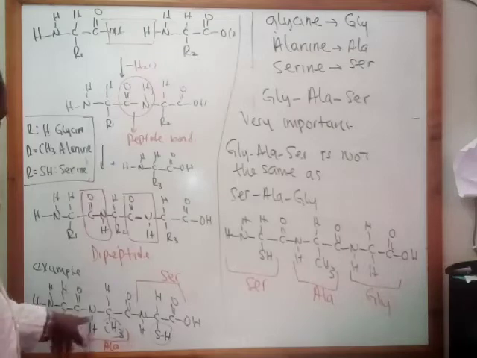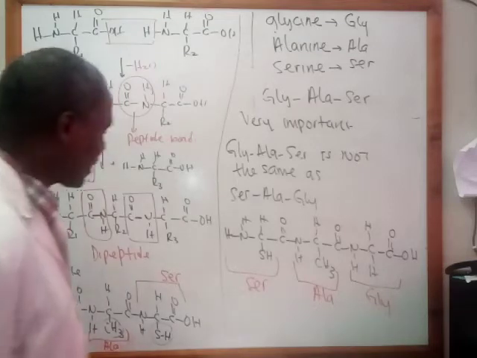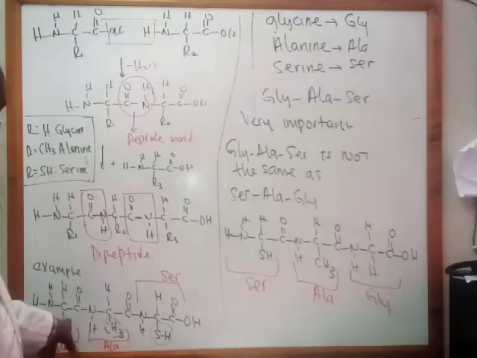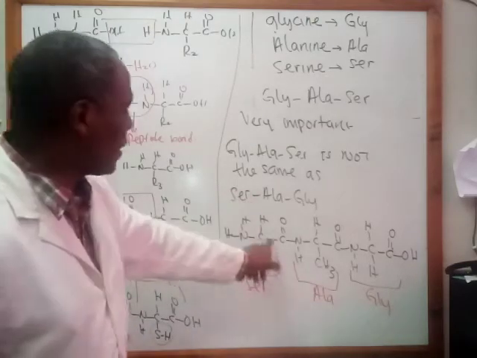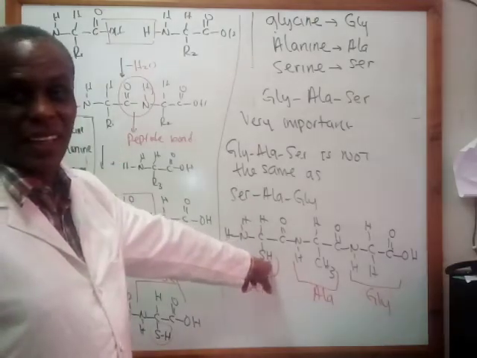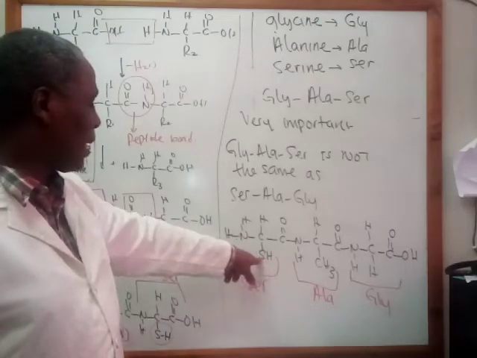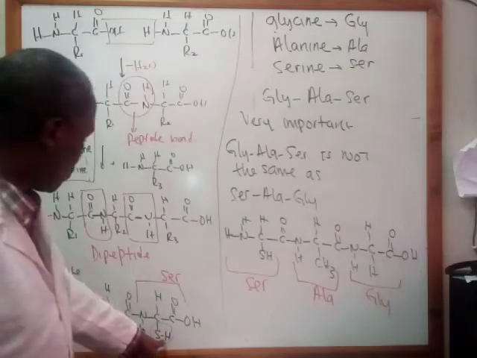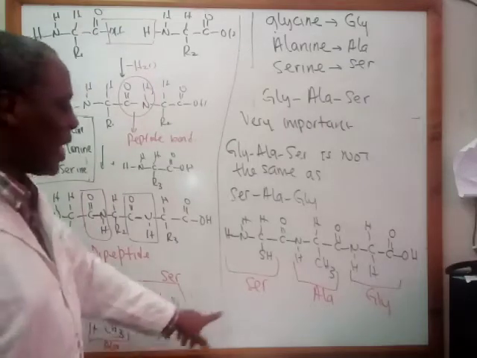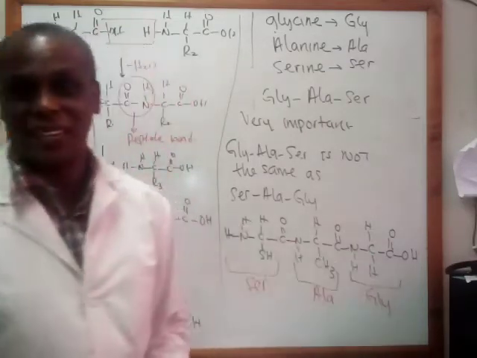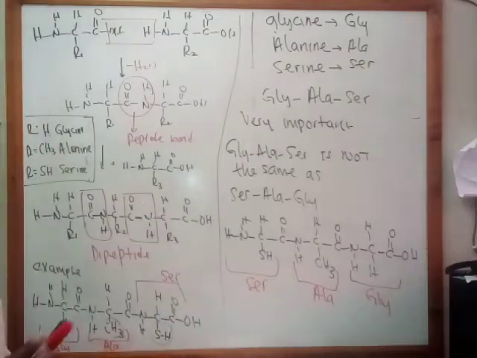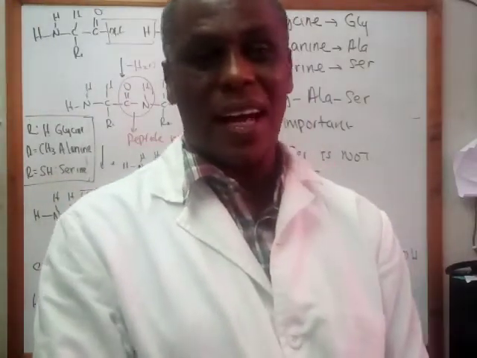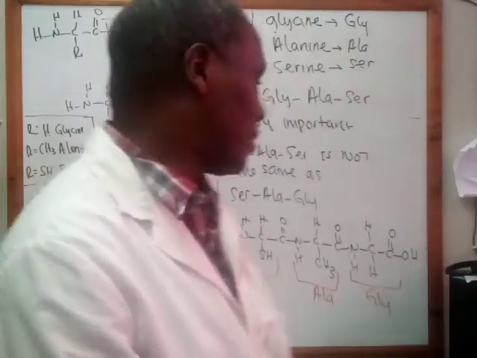In this case, from the left, the structure contains hydrogen. In this case, from the left, it contains sulfur with hydrogen. And on the right, this one contains sulfur with the hydrogen, and this one contains hydrogen. So the order of amino acids matters.